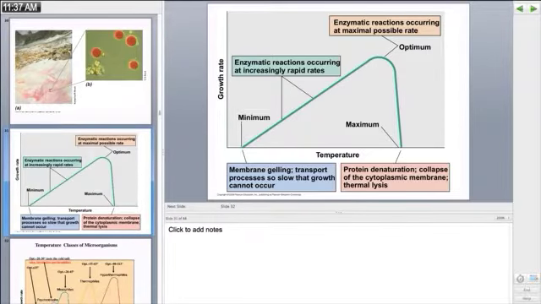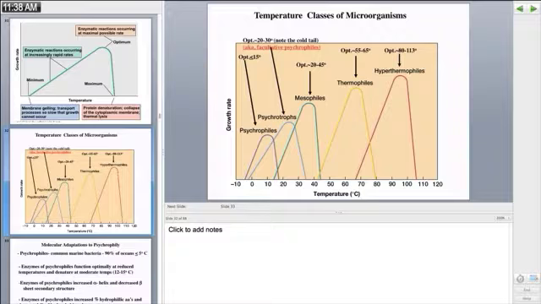The example everyone always uses is the egg put into a frying pan, and you see the albumin denature and turn from clear to white. Well, that occurs not far above the optimum temperature in most bacteria, where certain, maybe not all of the proteins, but certain critical proteins will denature just a few degrees above the optimum temperature.